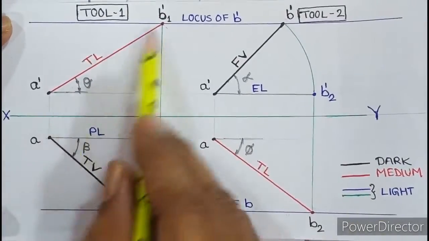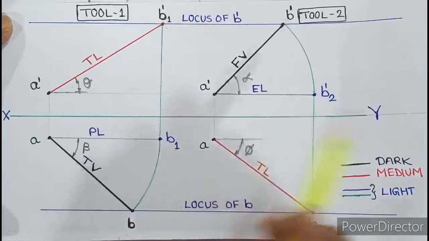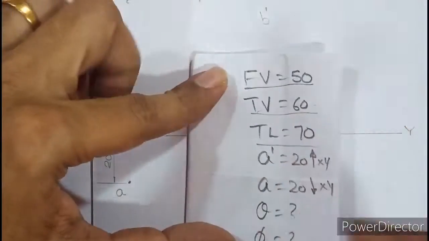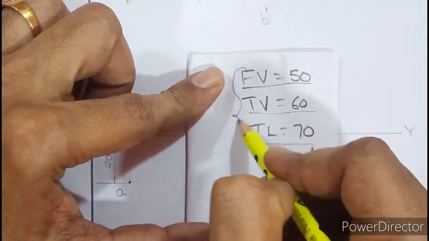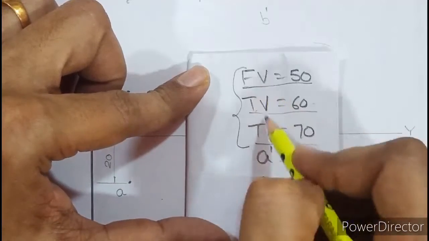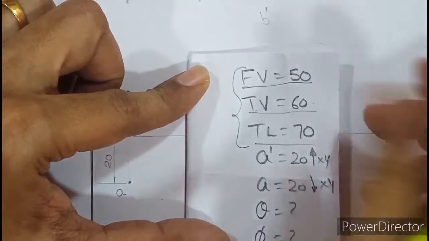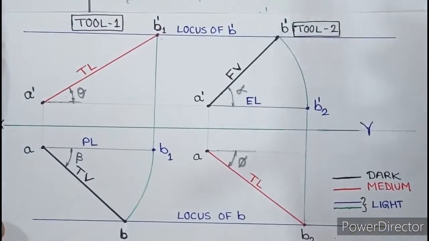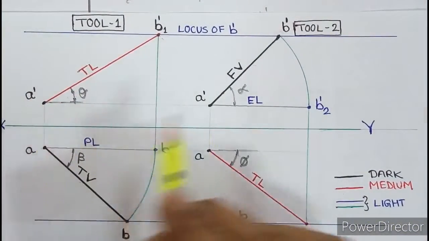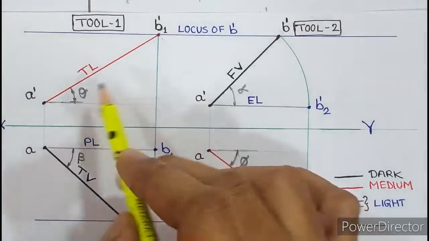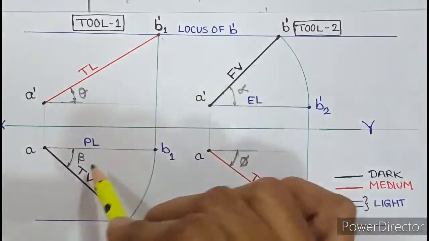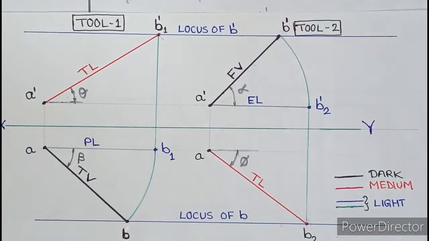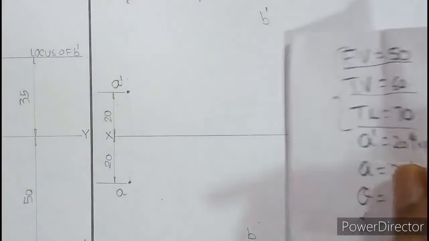As far as true length is concerned, it lies on theta and phi. So you have to remember that this is a case where all the lengths are given but the corresponding angles are not given. So how are we supposed to go about this? That is the question. What is given? A dash and A are given, true length is given, front and top view lengths are given, but all the angles are missing. Neither locus is given.